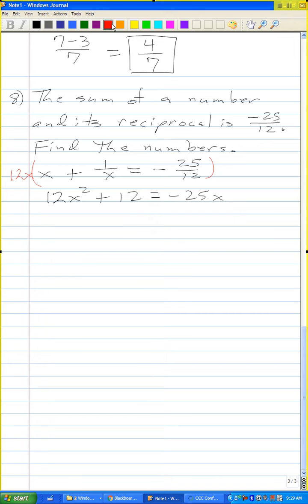Let me add 25x to both sides so that the right-hand side of my equation is 0. So I get 12x squared plus 25x plus 12 equals 0.